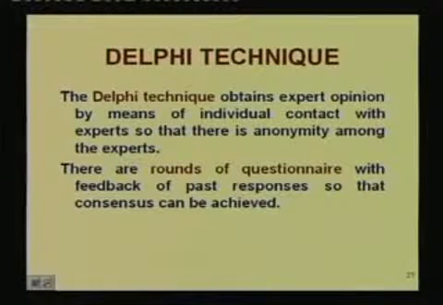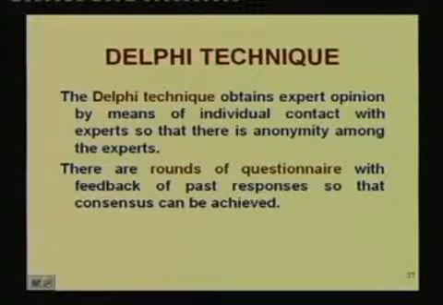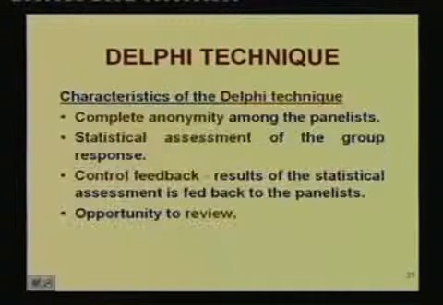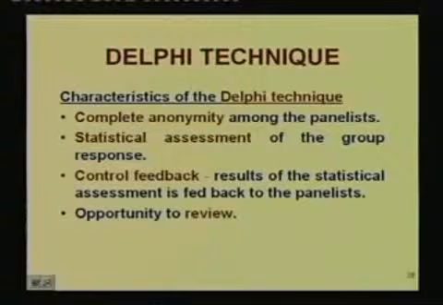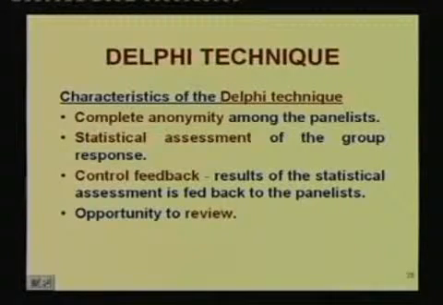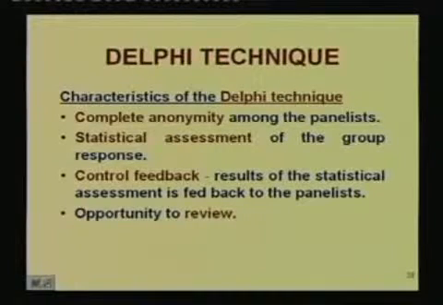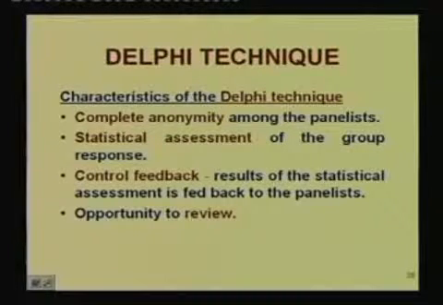And there are rounds of questionnaires with feedback of past responses so that consensus can actually be achieved. Some of the characteristics: complete anonymity among the panelists, statistical assessment of the group response, controlled feedback, where the results of the statistical assessment are fed back to the panelists, and finally opportunity to review.